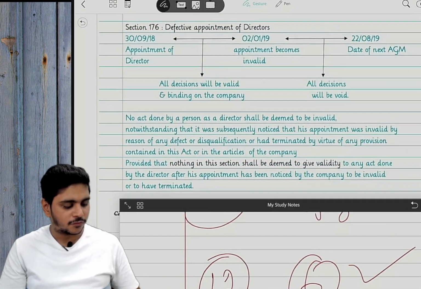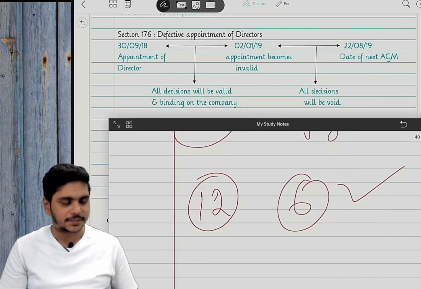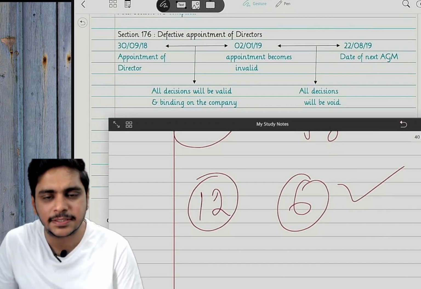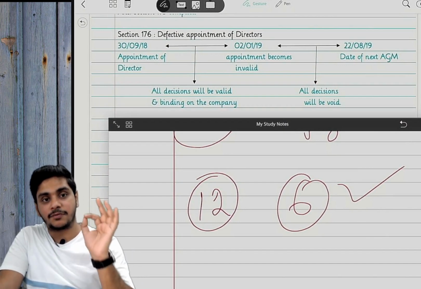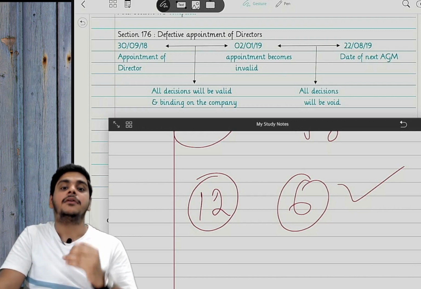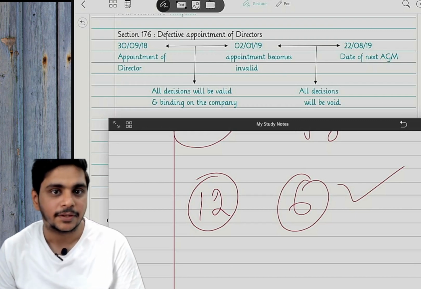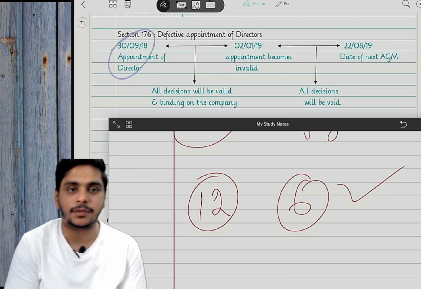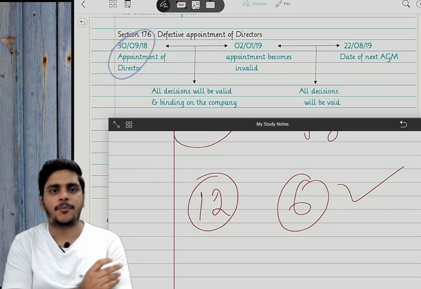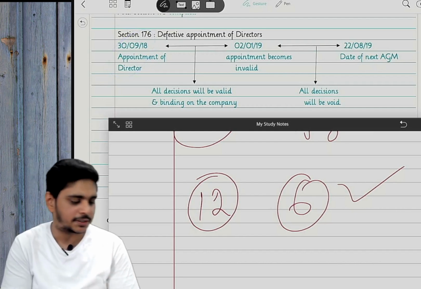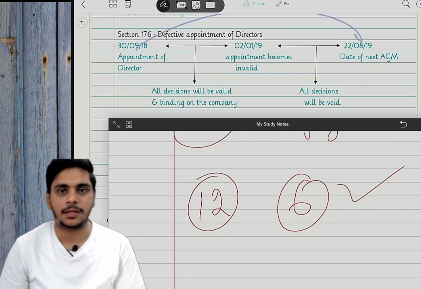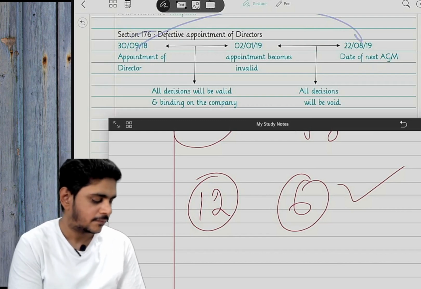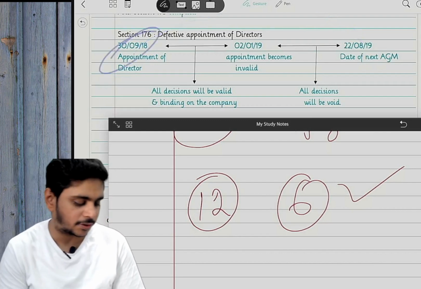Now we move on to the next section, 176, very simple. 176, defective appointment. Imagine a director is appointed on 30th September 2018. A director is appointed at the AGM date and he is a director till the next AGM, that is from 30th September 2018 to 20th August 2019.